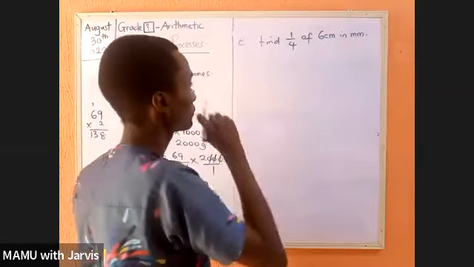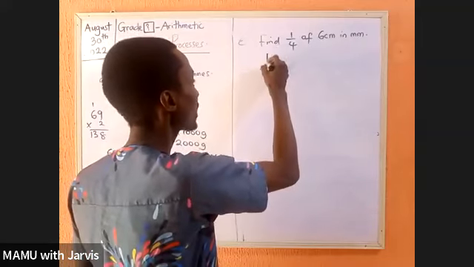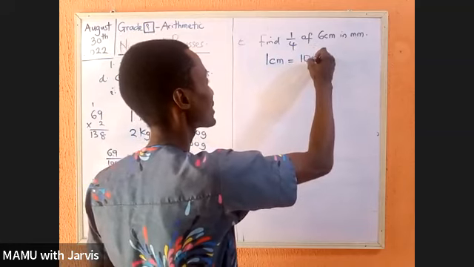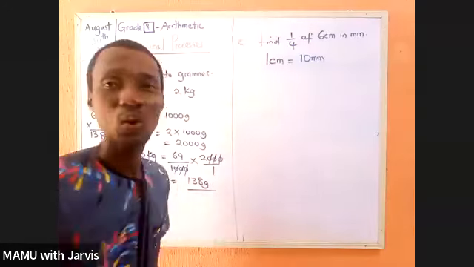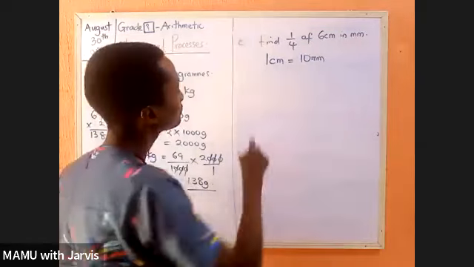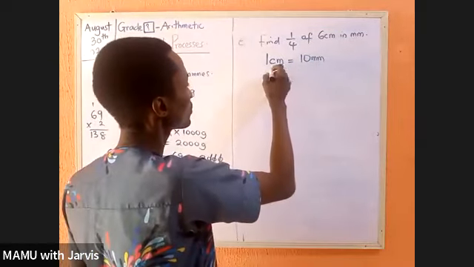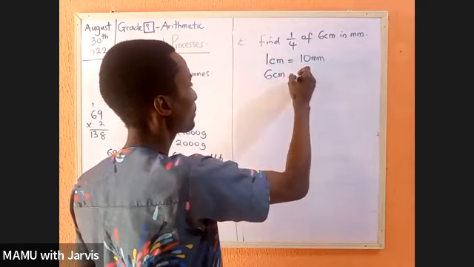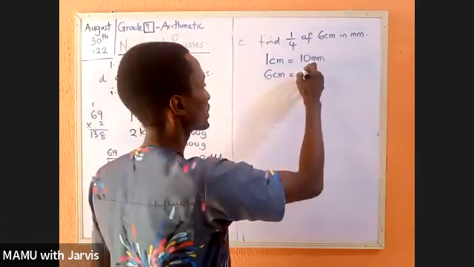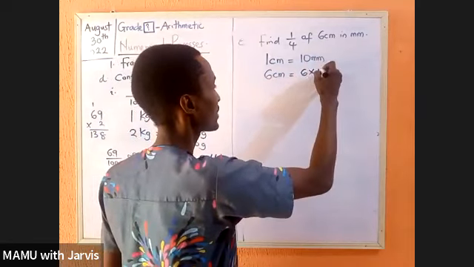So what do we do? We start by saying 1 cm is equal to what? 10 millimeters. You need to remember that. Now, the next thing we'll do, so 6 cm will now be equal to what? 6 times 10.